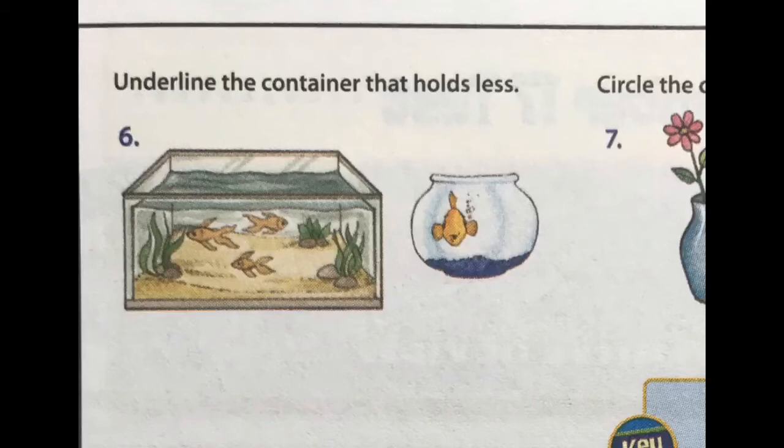Very good. The fish bowl, right here. Now, be careful. Don't circle it yet, because what do the directions say? Underline the container that holds less. Now we know what to do to mark it. So let's do that. I'm going to underline the fishbowl.